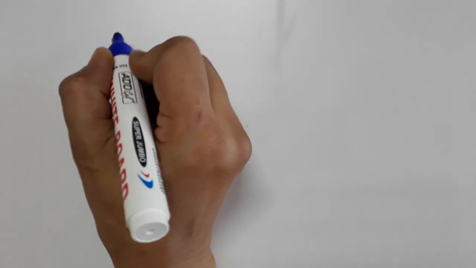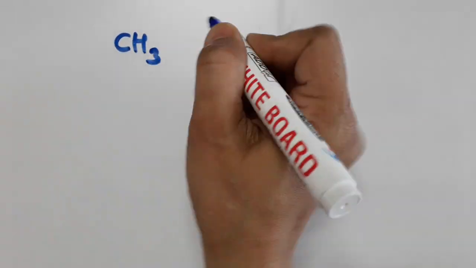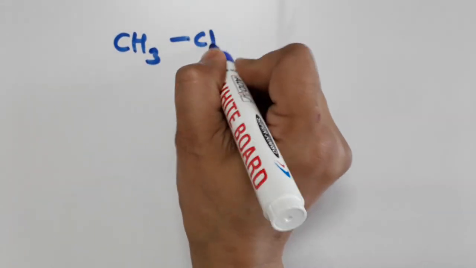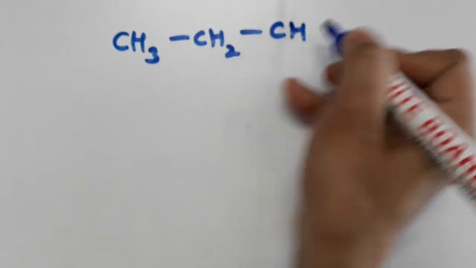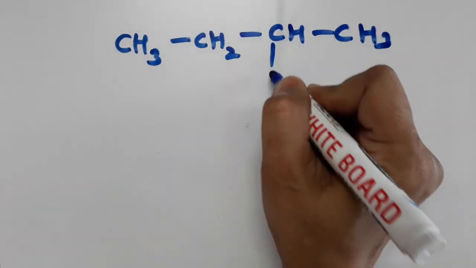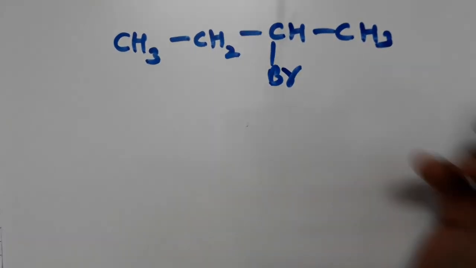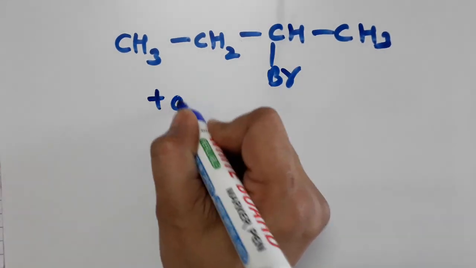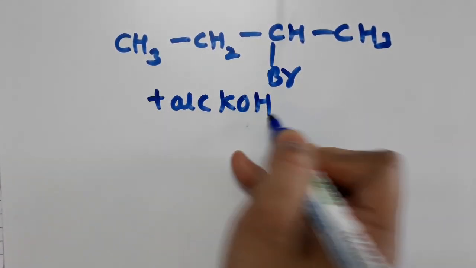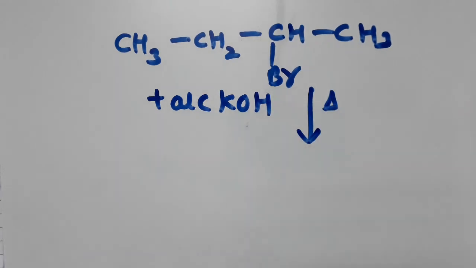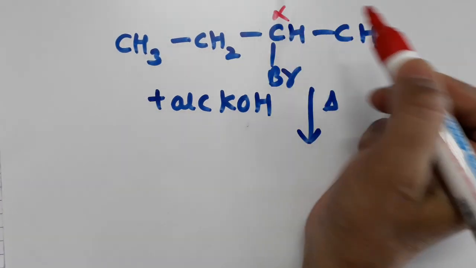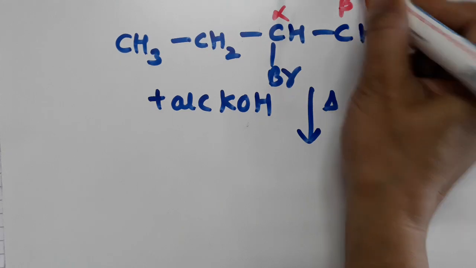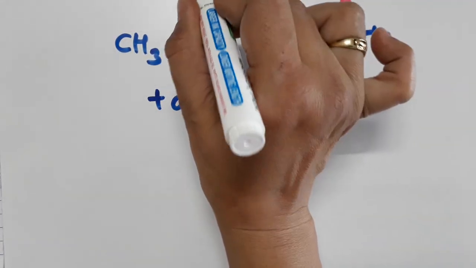Now have a look over here, we have CH3, CH2, CH, CH3, and we have to add alcoholic KOH to it and we are boiling it. Now we are studying which reaction? Dehydrohalogenation. Now what is going to happen is, this is alpha carbon atom, we have beta 1 carbon atom, we have beta 2 carbon atom.